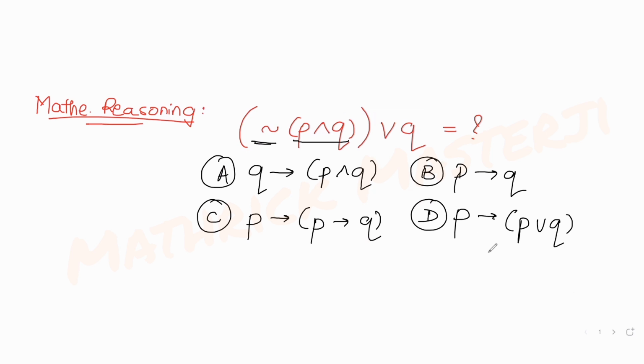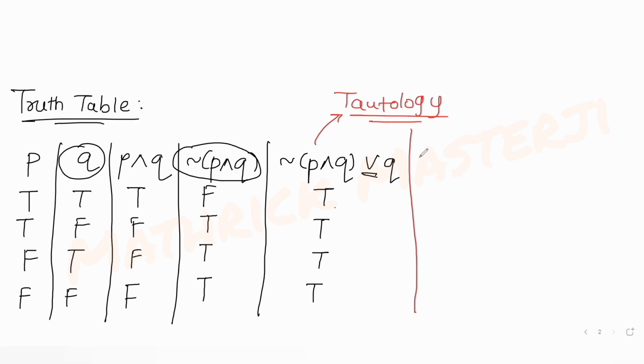First option, it says Q implies P cap Q. In implies, we know if it is T and the second one is F, then it is F, otherwise it is T. So let's do it. Q is this and P cap Q is this.